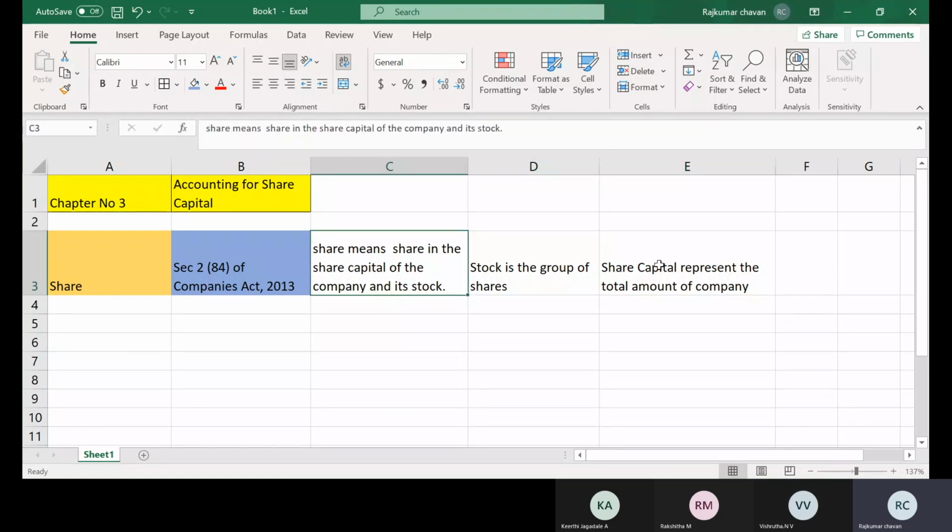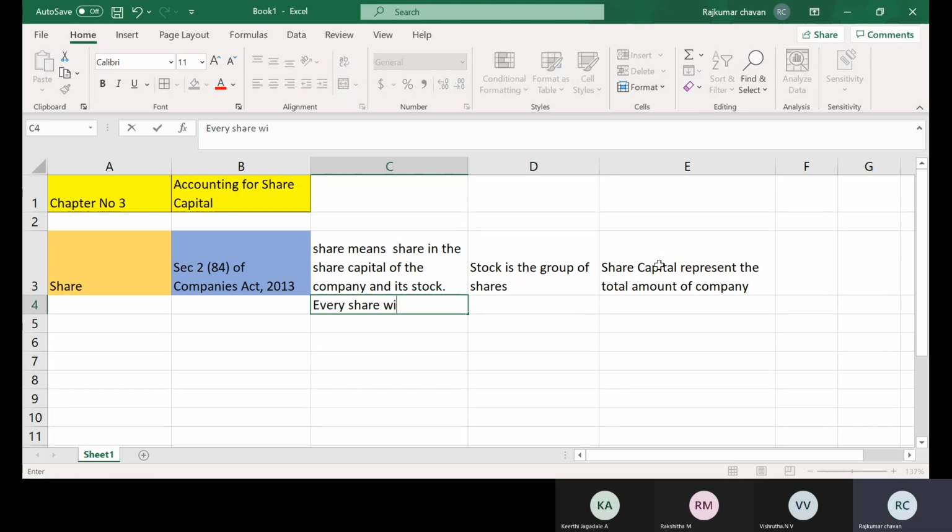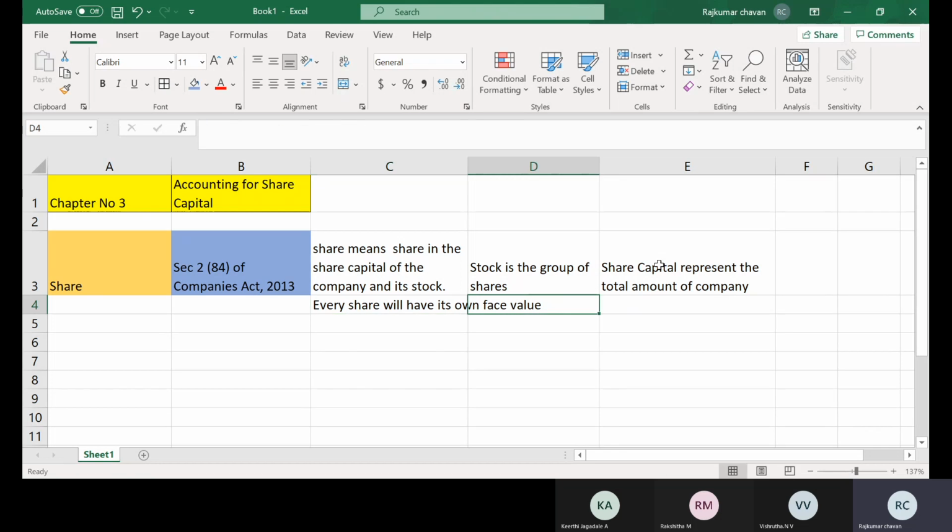So we discussed what a share is, according to that particular section. Now understand, every share will have its own face value.